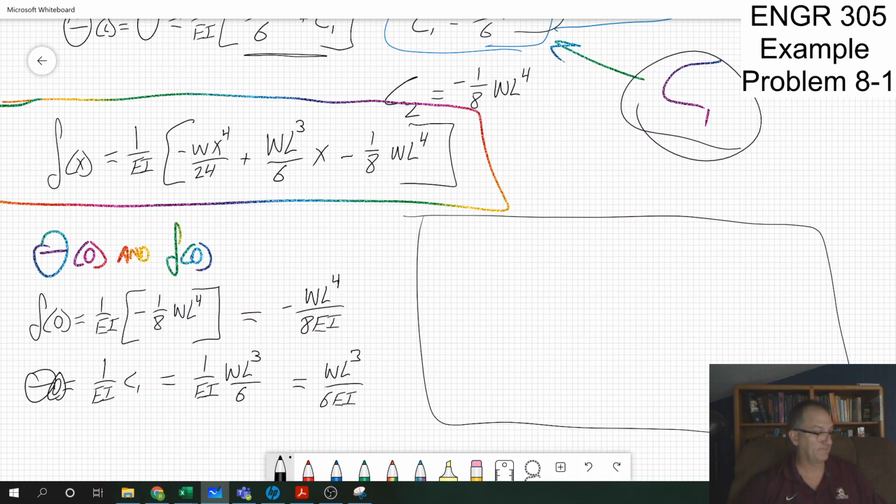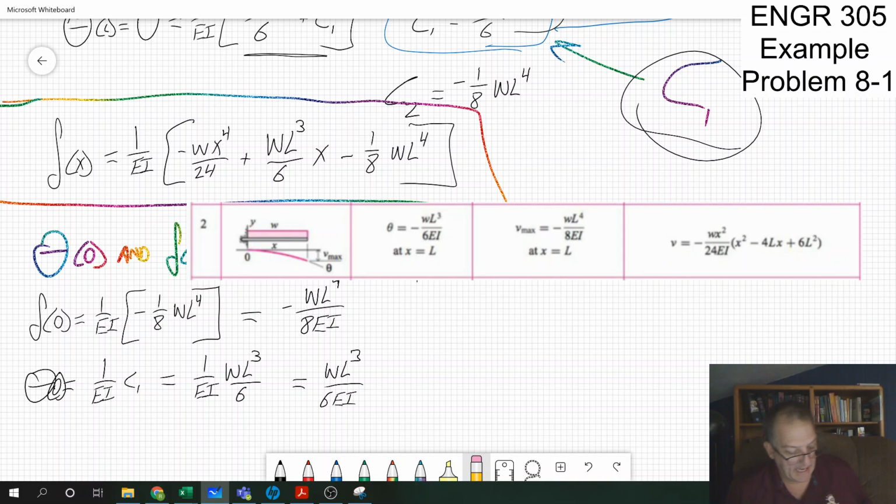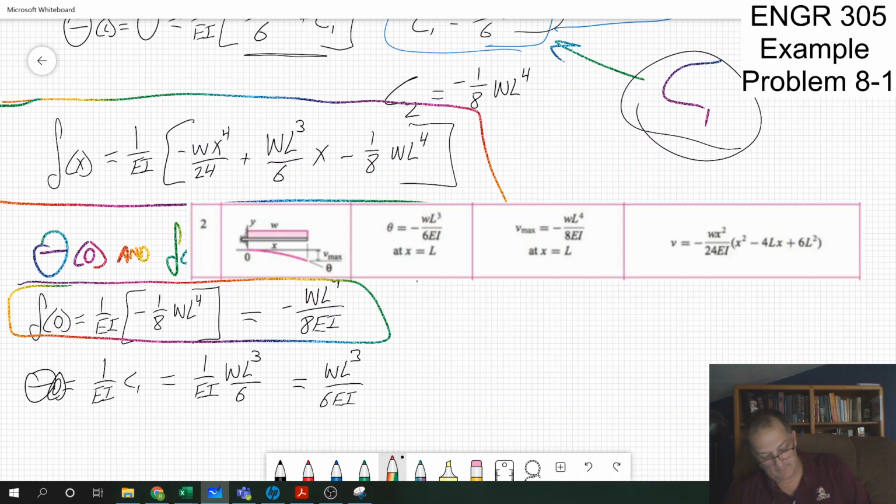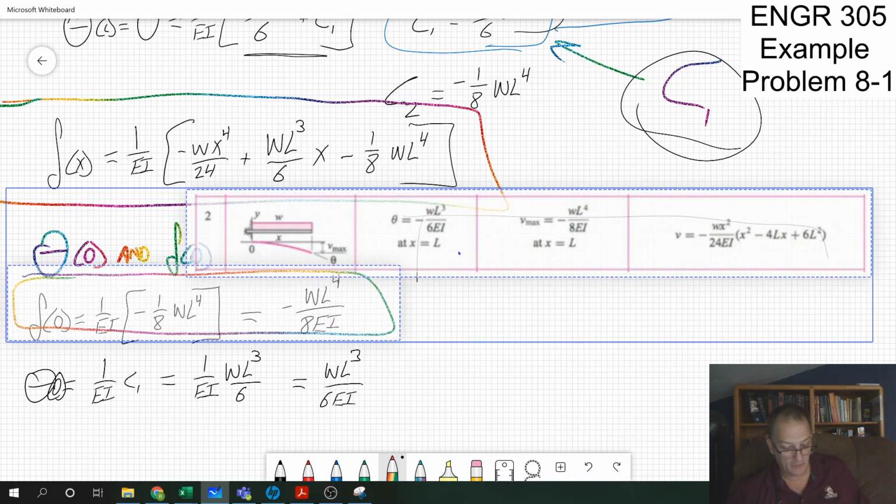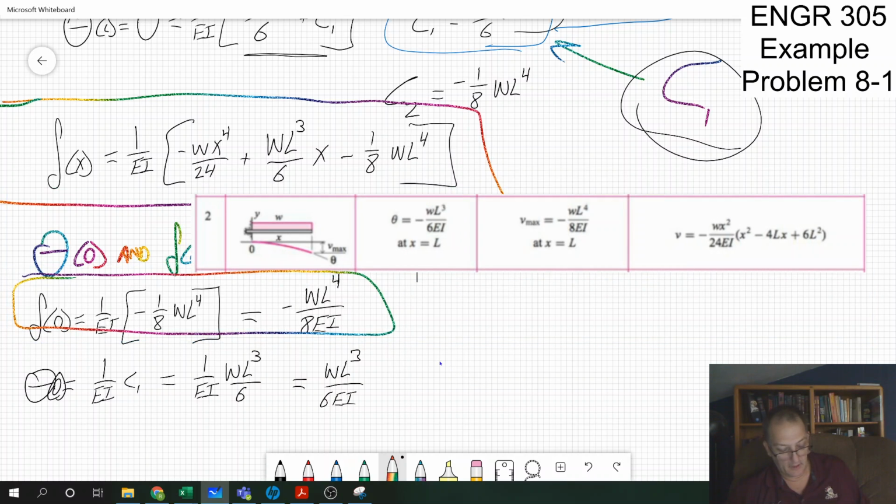Be right back. Okay, so look at our solution for delta at 0 equals, there's a 1/4 there, and maybe I have to move this just a little bit out of the way. There's a 4th there, so it's minus WL to the 4th over 8EI. That's the deflection.